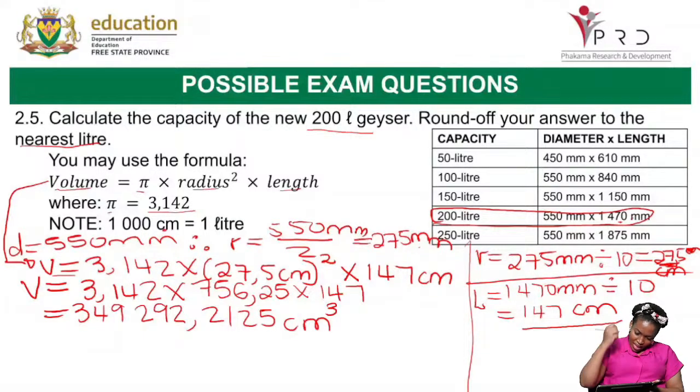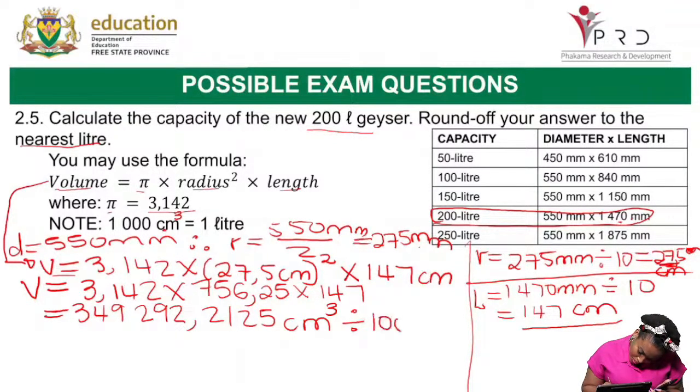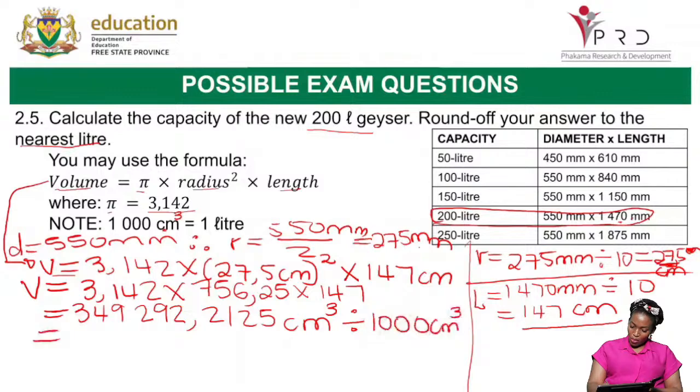centimeters. But what was the story? The story was that every 1,000 cubic centimeters is equivalent to 1 liter. So if you want to know how many liters we can have here, let us divide by 1,000, because every 1,000 cubic centimeters represents 1 liter.